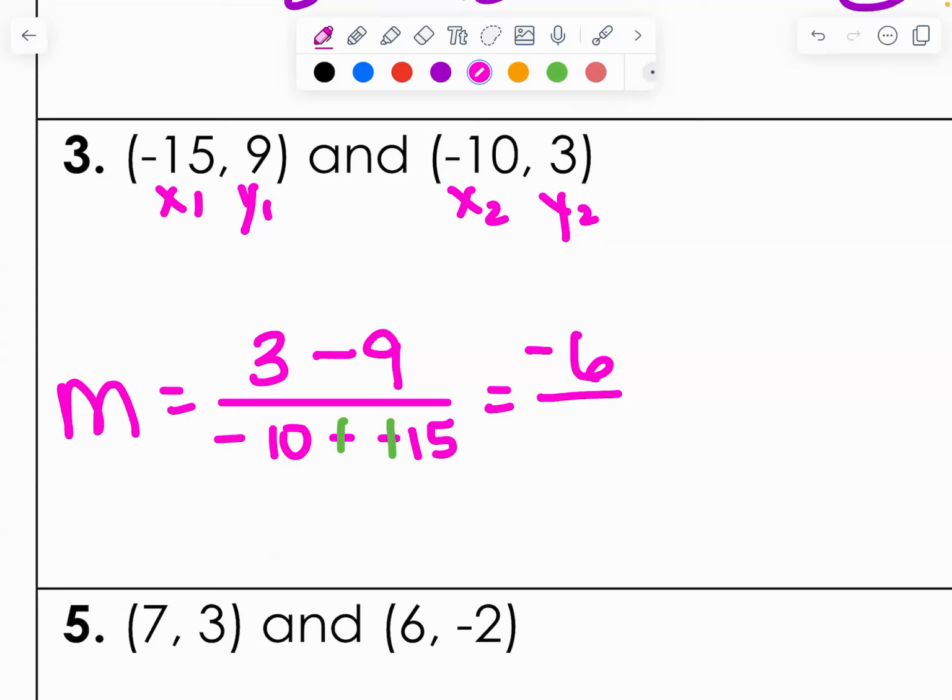So if we have -10 plus 15, because you forgot your negative with the 15, -10 plus 15 is actually going to get us 5. Okay. -6 over 5. Can that be reduced? Yeah. All right. There's our answer.